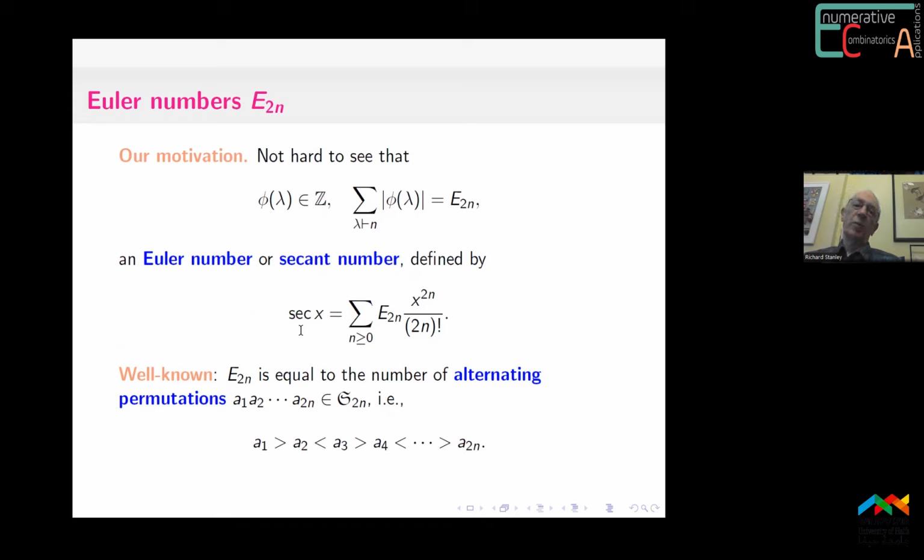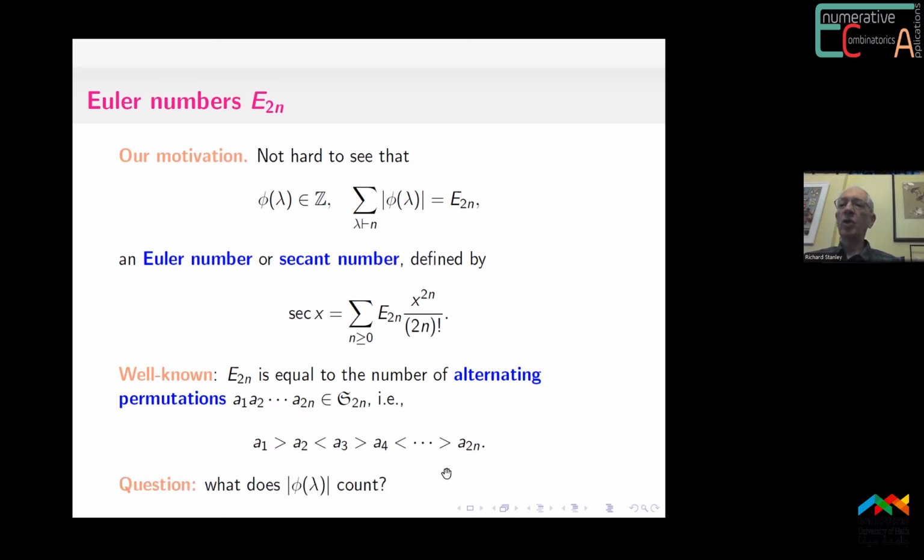Of course, a basic fact in enumerative combinatorics is that E_2n is equal to the number of alternating permutations in the symmetric group S_2n, that is, the numbers in the permutation first increase and decrease, then increase, etc. So this is some kind of refinement of E_2n.